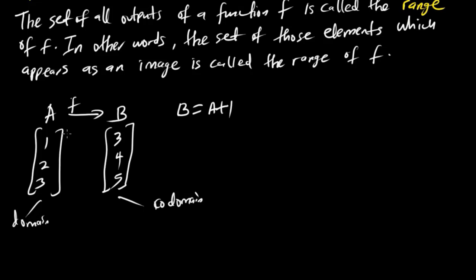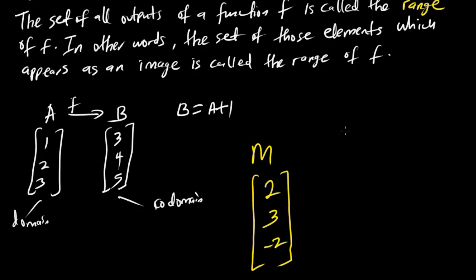For example, if you have a set M with the following elements, 2, 3, and -2, and we have the set N to be 4, 9, and 16.